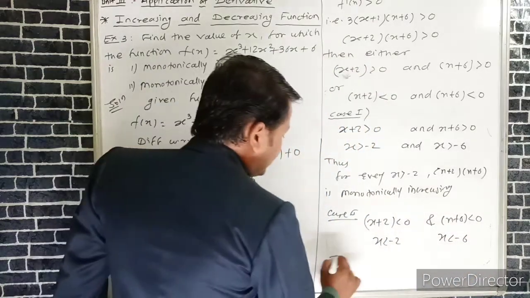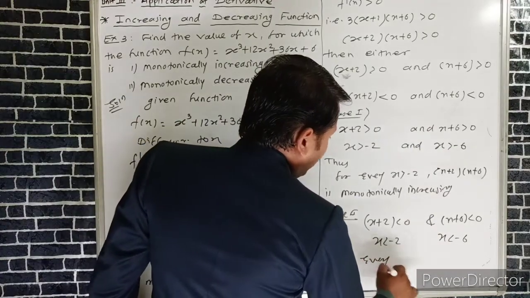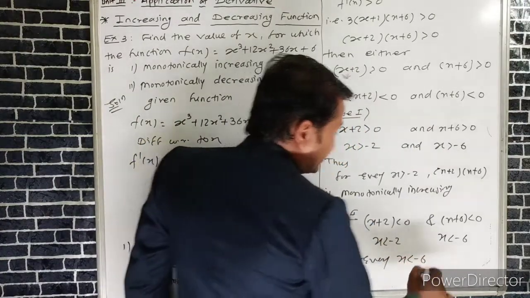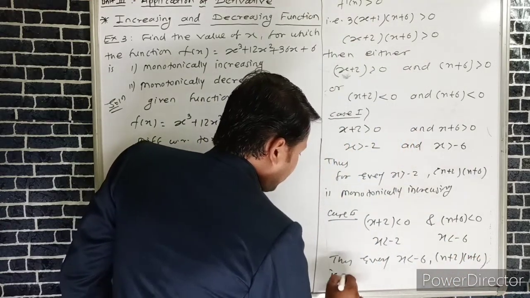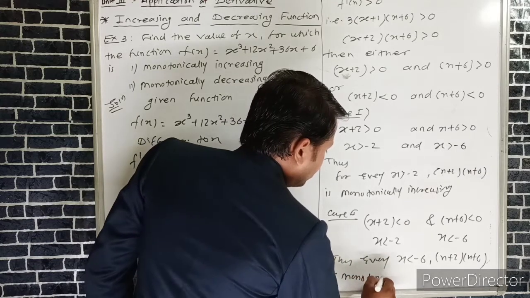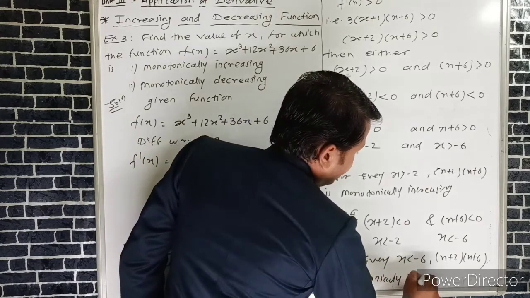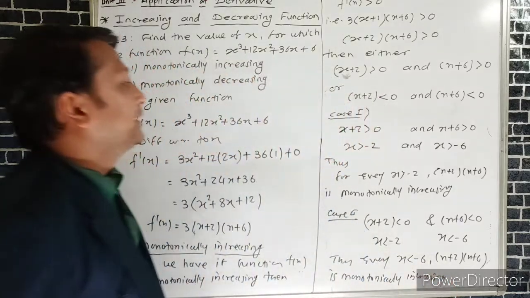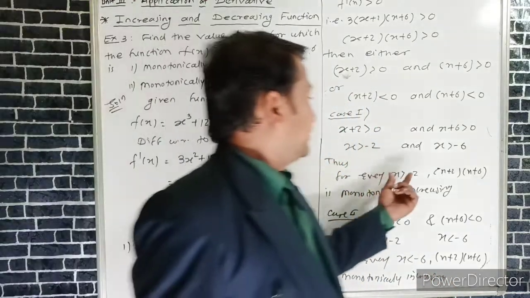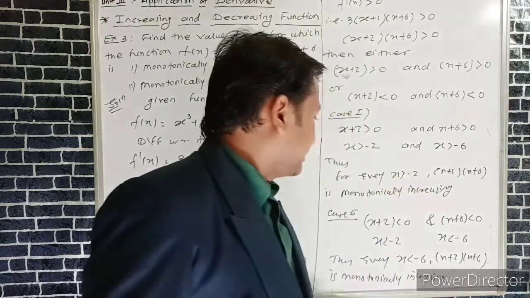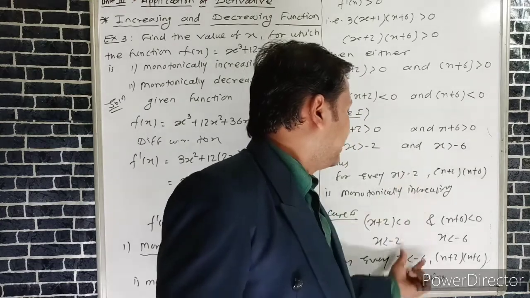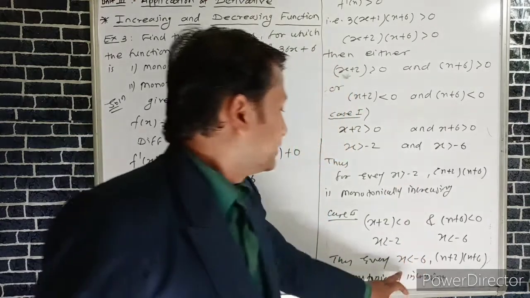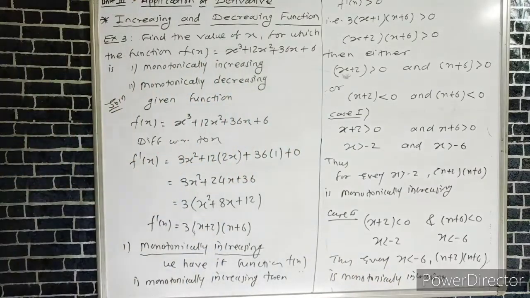Thus every x less than minus 6, x plus 2 and x plus 6 is monotonically increasing. So we can say that the function is monotonically increasing for these values of x.